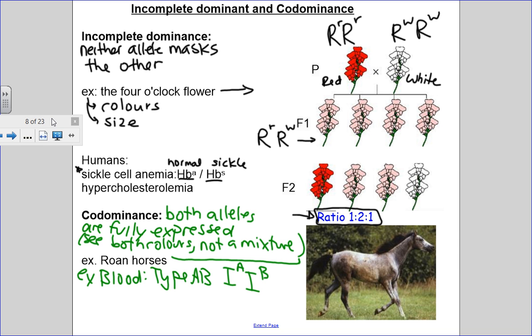A doesn't cover up B, B doesn't cover up A, and they don't mix together to make some other random letter that I don't know what it would look like, a messed up letter. You see both of them distinctively.